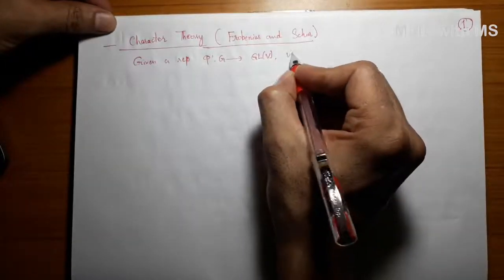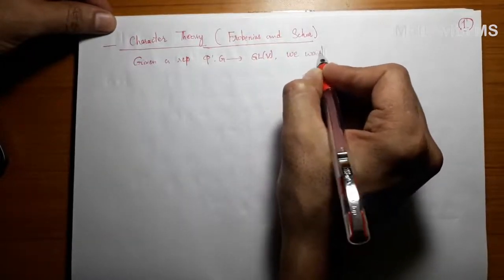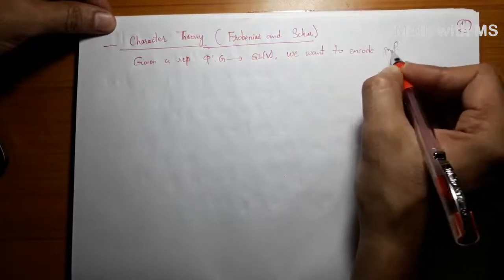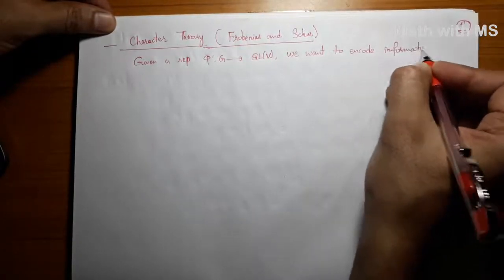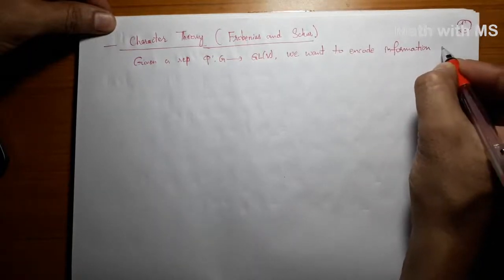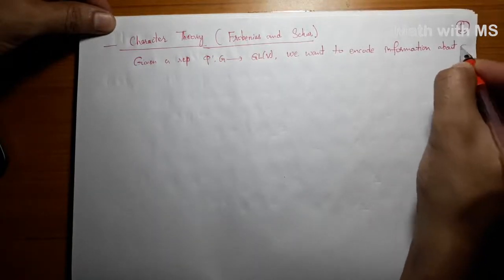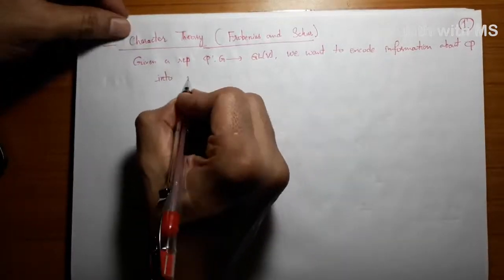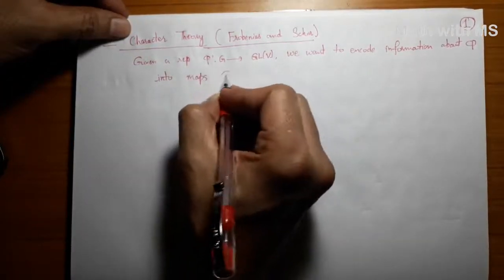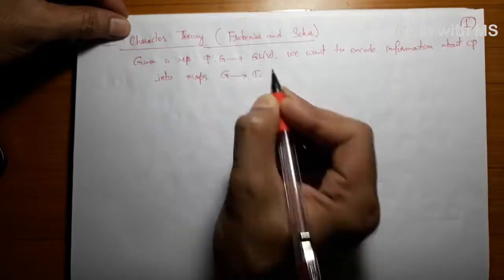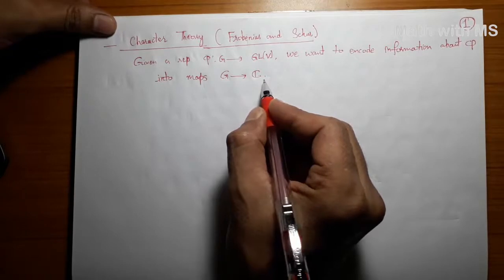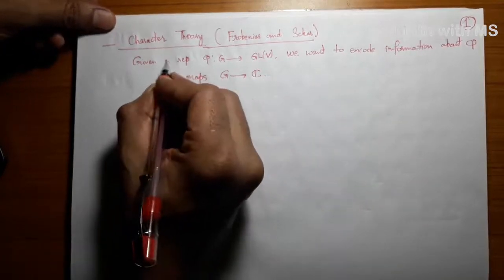So we want to encode information about your representation phi into maps from G into the ground field, which is the field of complex numbers here. Okay, so for that we need to build up some machinery.